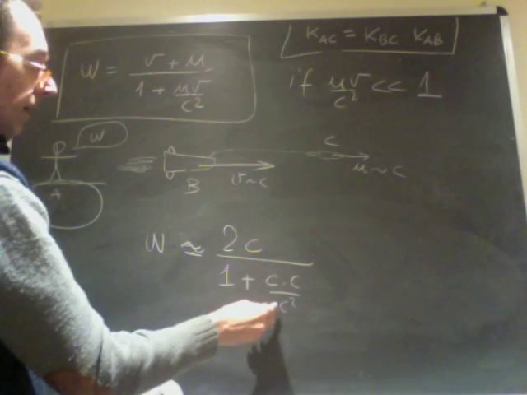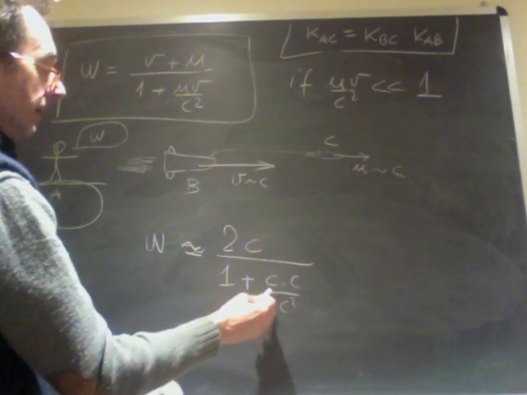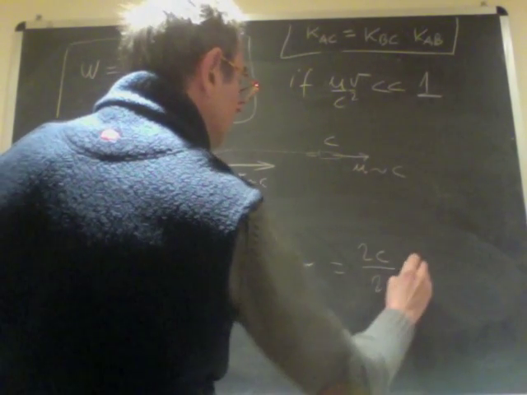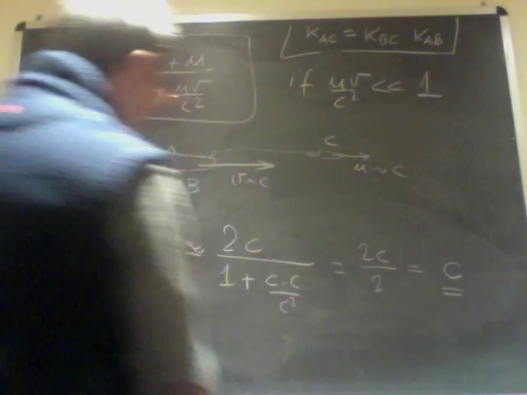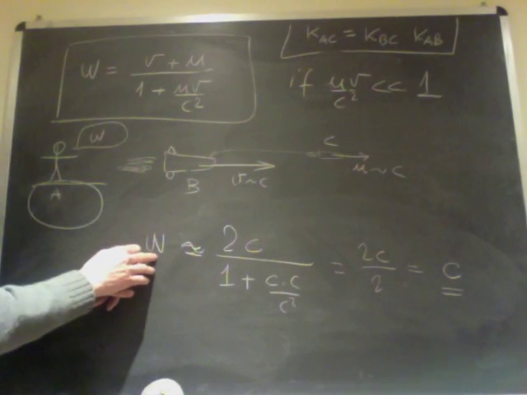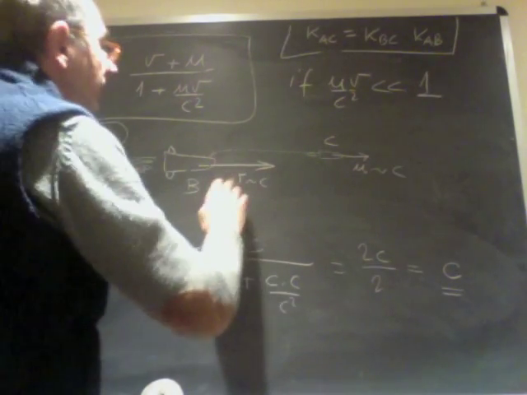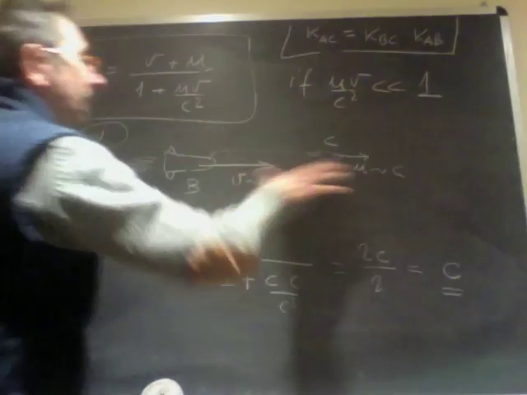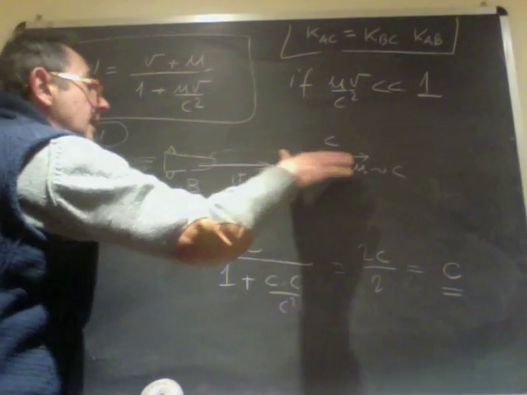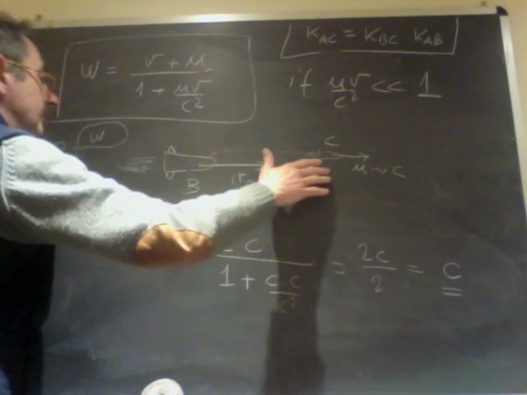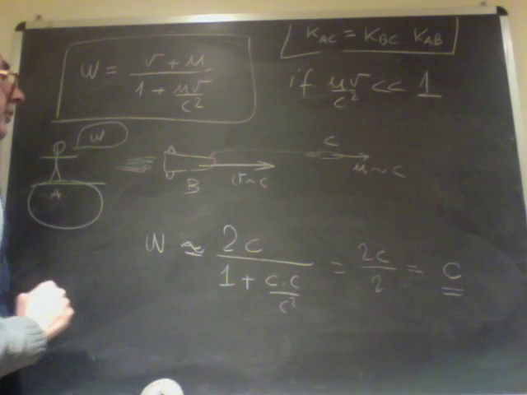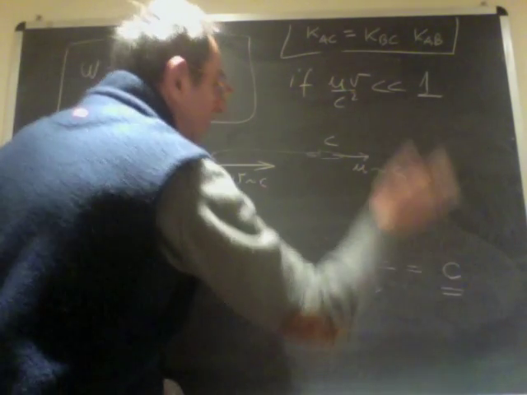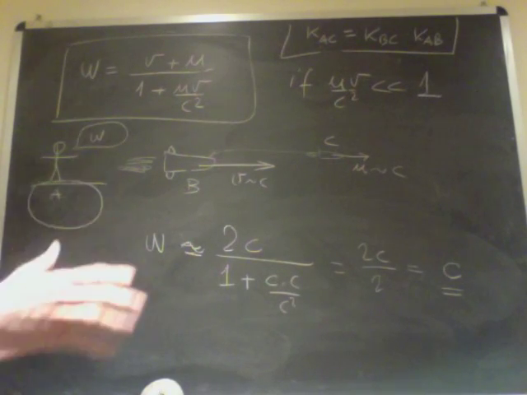But this is 1, so 1 plus 1 is 2, and so this is 2c over 2, equal to c. So you see that even if both velocities are very near to the speed of light, the sum of the two velocities as measured by the man standing still on the Earth is always about c. It can't be more than c.